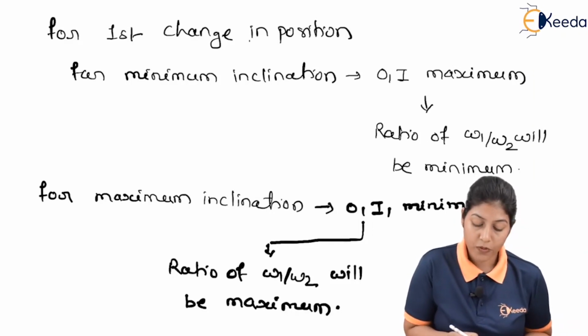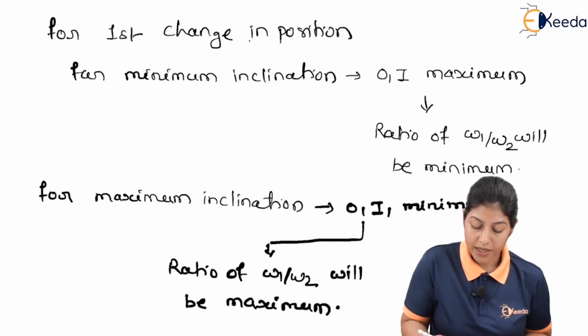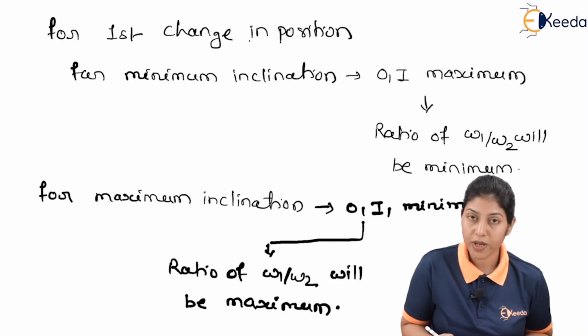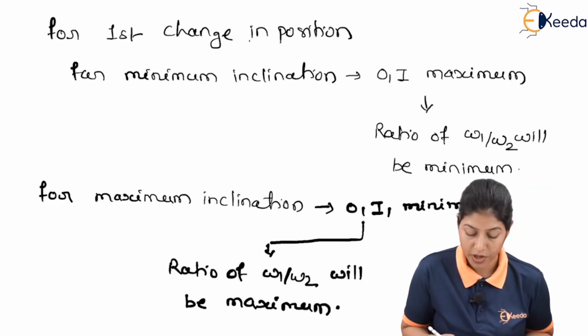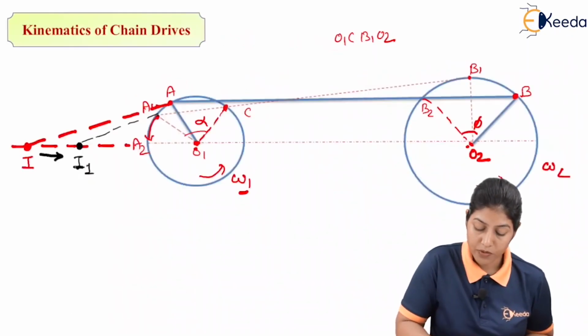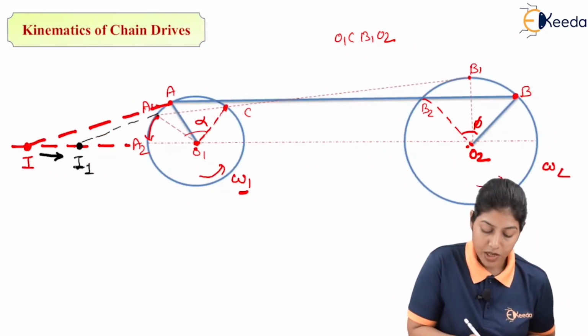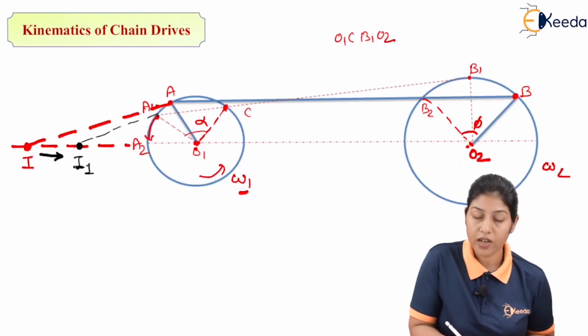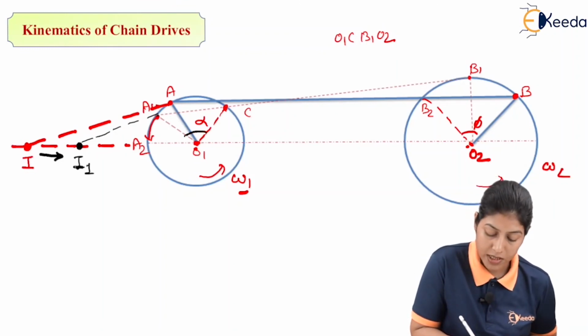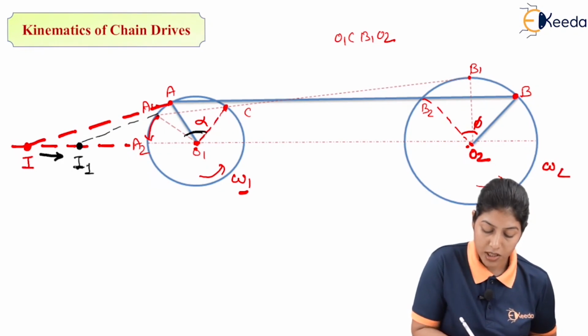So here, for different positions of point A or the reference point, we will define the ratio of omega 1 and omega 2, which is the ratio of angular velocity of the driving sprocket and driven sprocket. With the help of these different positions, we can define the variation of angular velocity, and this variation is also depending on the angle subtended by the pitch of the link, this angle alpha, as well as on this angle phi.